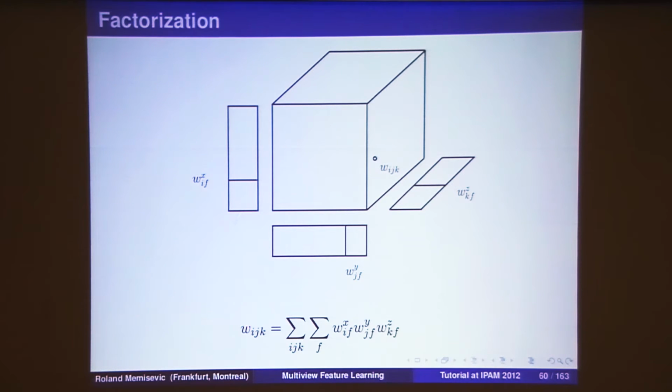Let's just say the w_ijk is this expression here. It's just a sum over some lower dimensionality of some vectors. This is known as a PARAFAC factorization. We could have used any other matrix tensor factorization in order to reduce the parameters, but this is one thing one can use, and it's probably the most simple thing one can use.